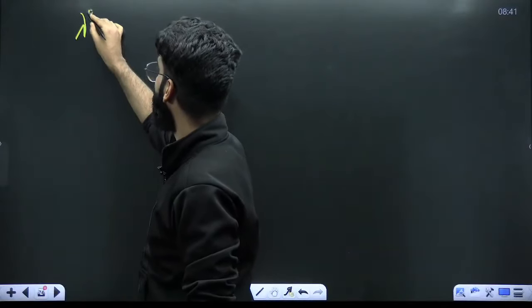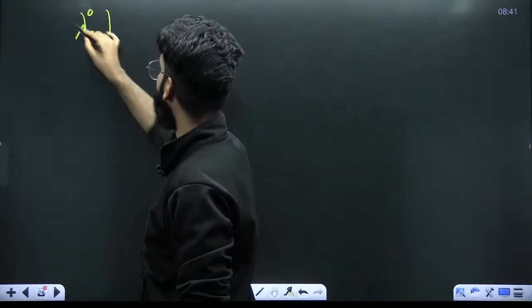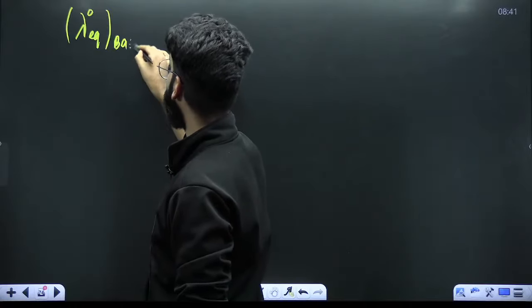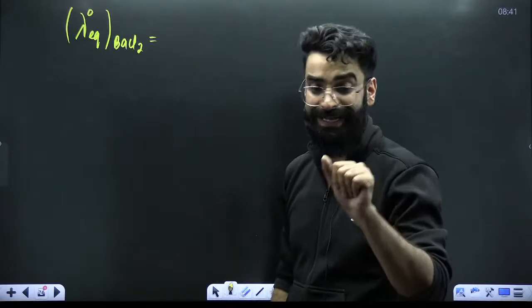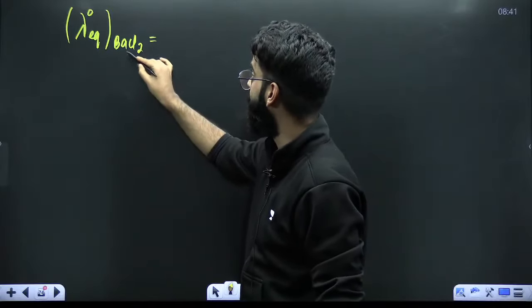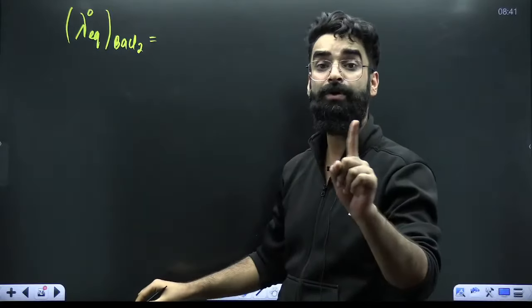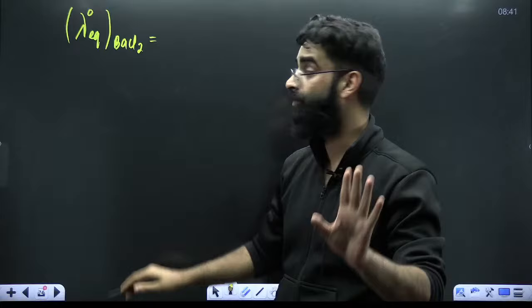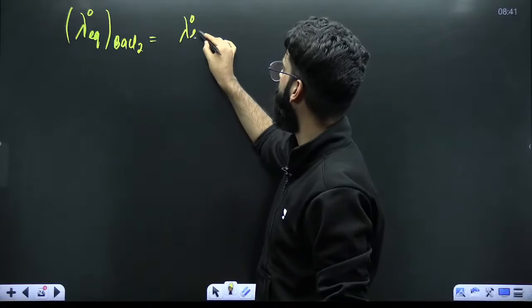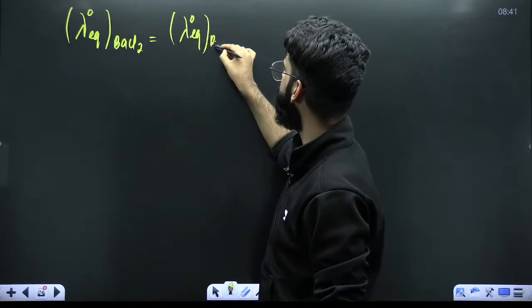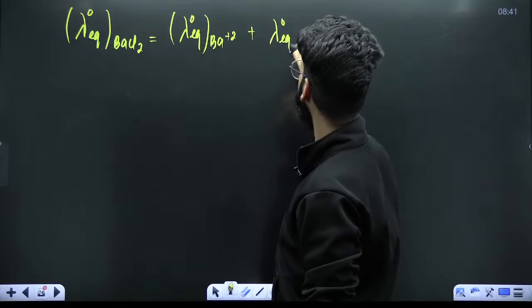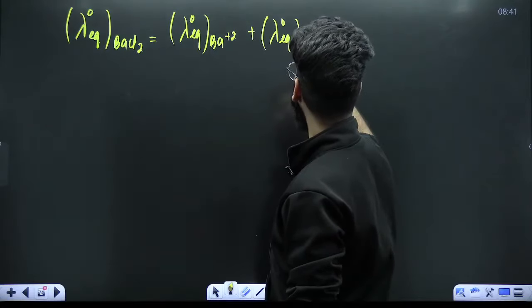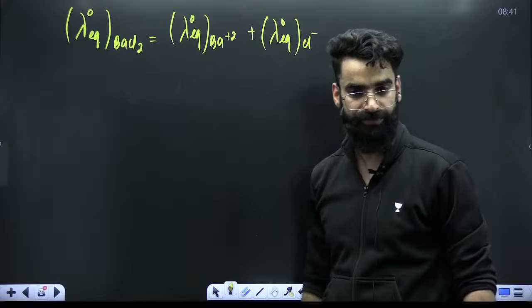For example, let me make it clear. Let's say I'm writing the equivalent conductivity at infinite dilution of BaCl2. If you want to write it in terms of equivalent conductivities of their ions, you have got nothing to do with the stoichiometric coefficients. You'll directly write equivalent conductivity of Ba di positive plus equivalent conductivity of Cl negative. Nothing to do with their stoichiometric coefficients.